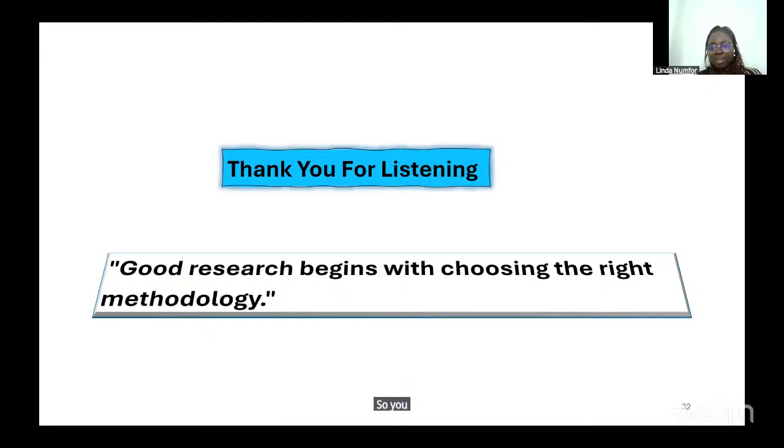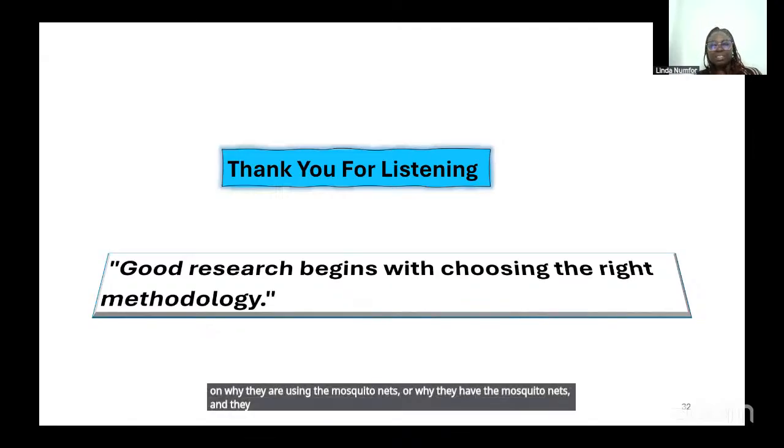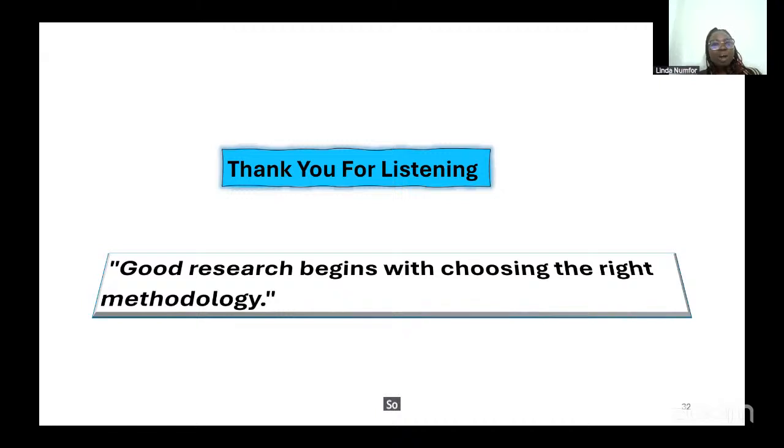So you have data to analyze, and at the same time, you have people's opinions on why they're using the mosquito nets, or why they have the nets and they're not using them. So you have opinion and you have numerical data for you to analyze.